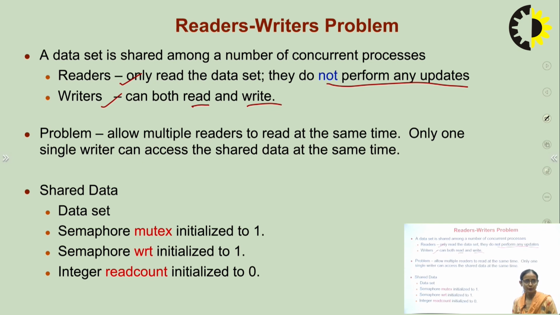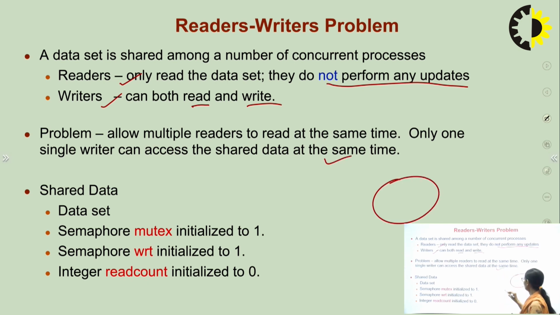But as soon as one process starts writing, then no other writer process and no other reader process should be allowed to access the data set. So only one single writer can access the shared data at the same time. So this is the problem in this case.